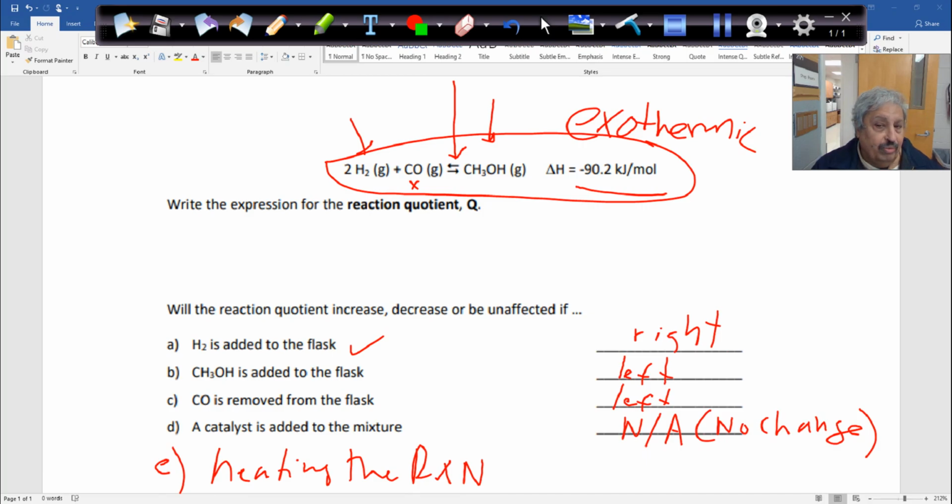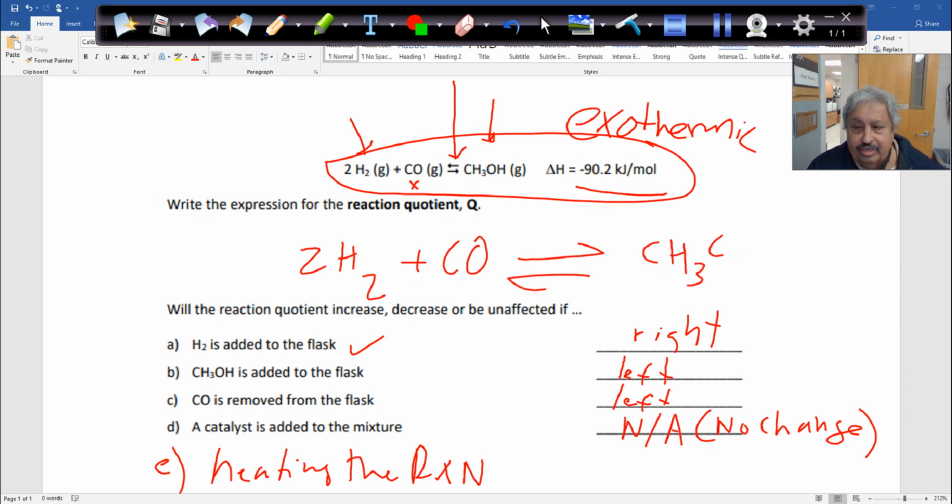Exothermic is always the heat at the right, sorry, not the left, plus heat. Exothermic will be at the right, that's released out reaction.